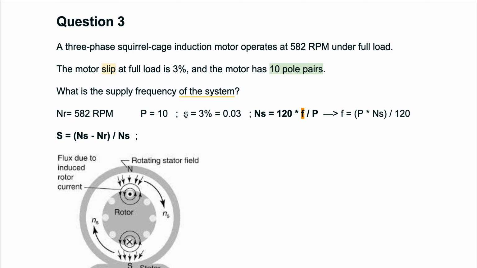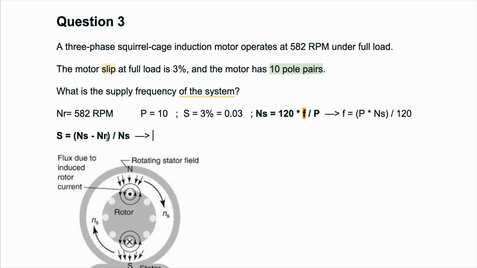So we have the S, and also we have NR, but we don't have the NS. Let me take out the NS, because this is the main equation, but we need to find the NS.